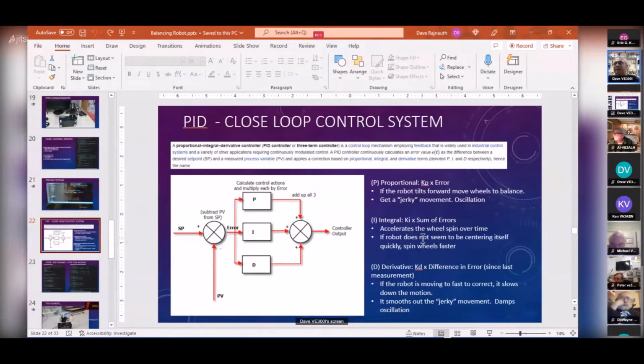So it accelerates the correction. And the derivative does the opposite. It looks at the difference in the error terms and multiplies that by a constant. So this term smooths out that jerky motion. If you've got the robot really jerking back and forth, then by adjusting this constant, you smooth it out. So that's a very high level view of a PID controller.